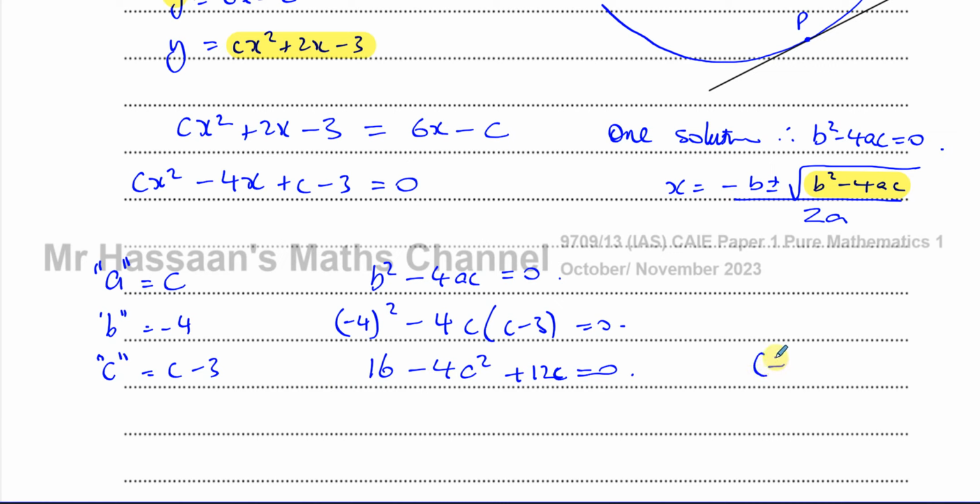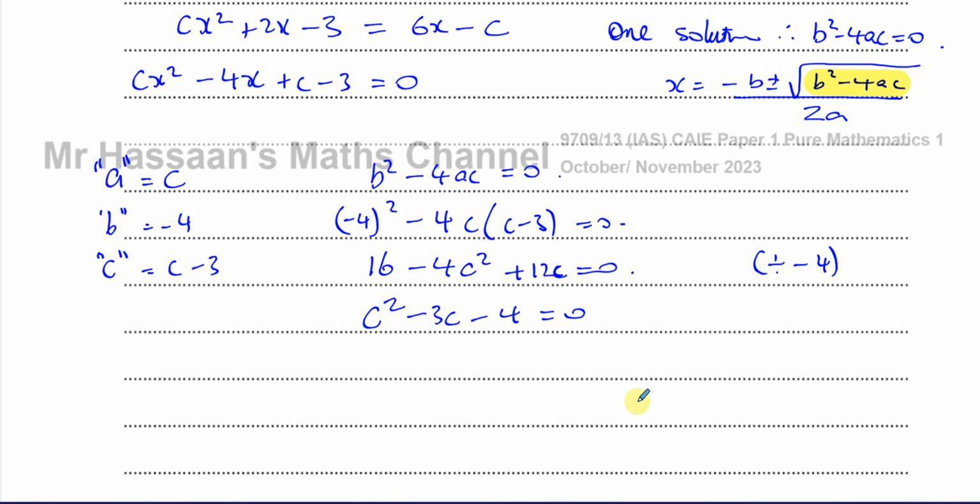Let's divide by minus 4, so that c squared is a positive term. You're going to end up with c squared, and 12c divided by minus 4 is minus 3c, and 16 divided by minus 4 is minus 4, equals 0.